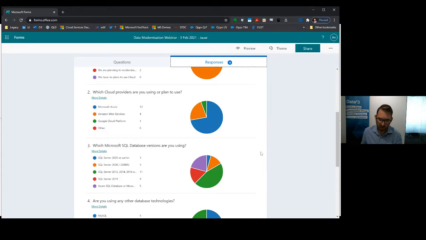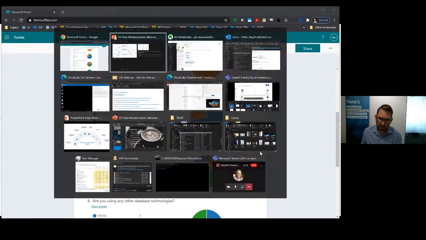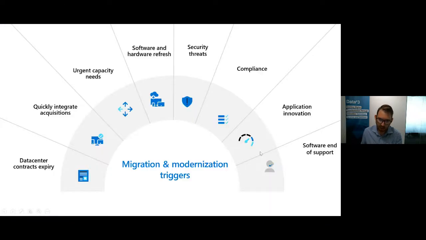How do we think about what we need to do with those databases as well to make sure that we continue to provide the application support we need to? Then there's more strategic things we need to think about as well. It's around compliance or new applications integrate, security threats or innovation with apps as well. So all these things lend themselves to why we need to modernise.